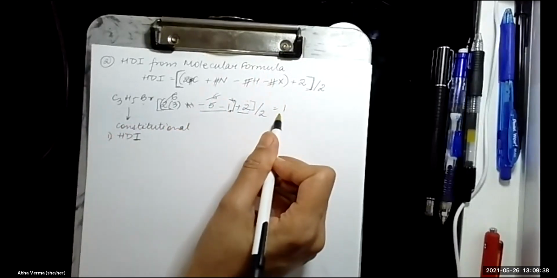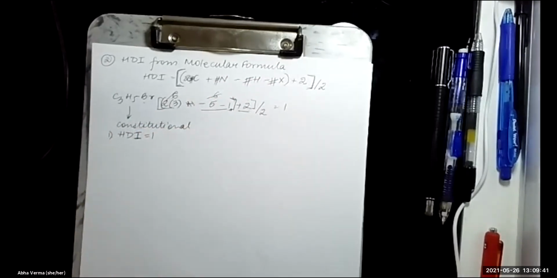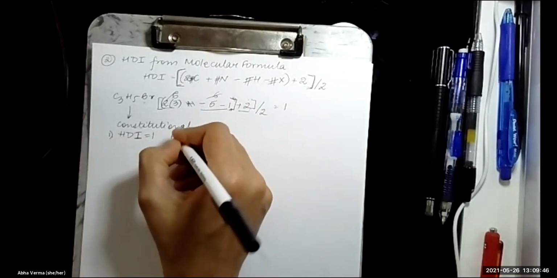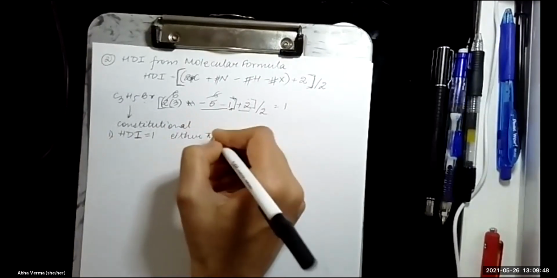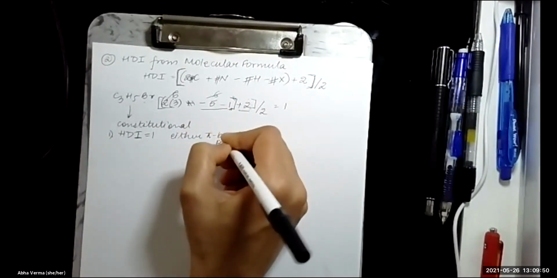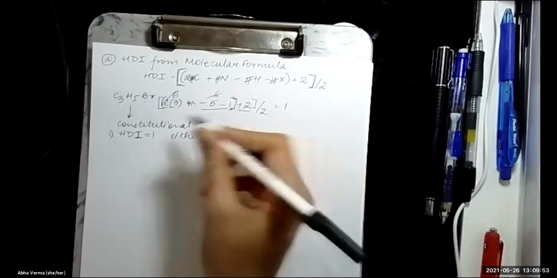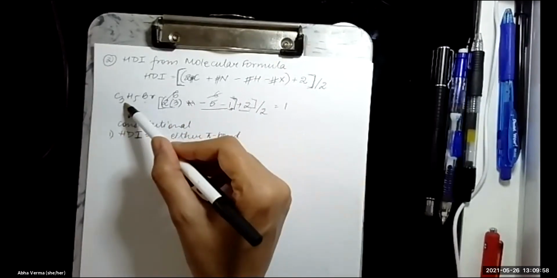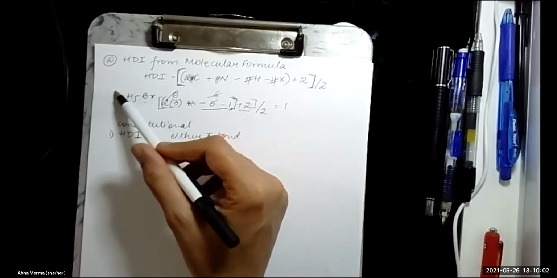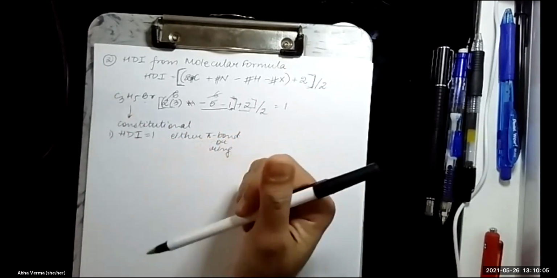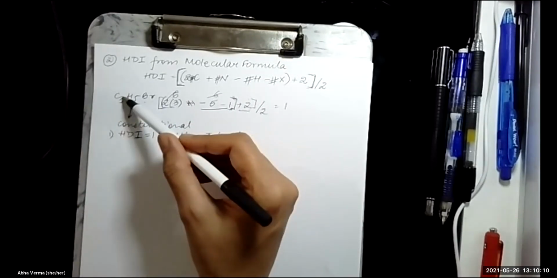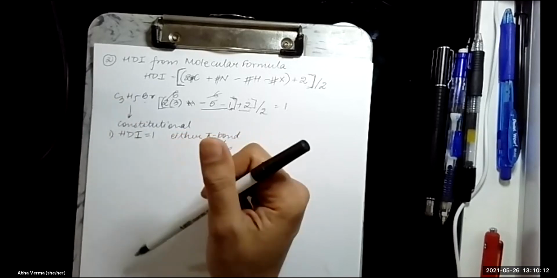So for example, the HDI here was 1. What is a reasonable framework for this particular structure? There is either a pi bond or a ring present in this molecule. Now remember, a ring can only be present in a structure which will have more than 2 entities, especially the multivalent ones, either the oxygen or a nitrogen or a carbon.